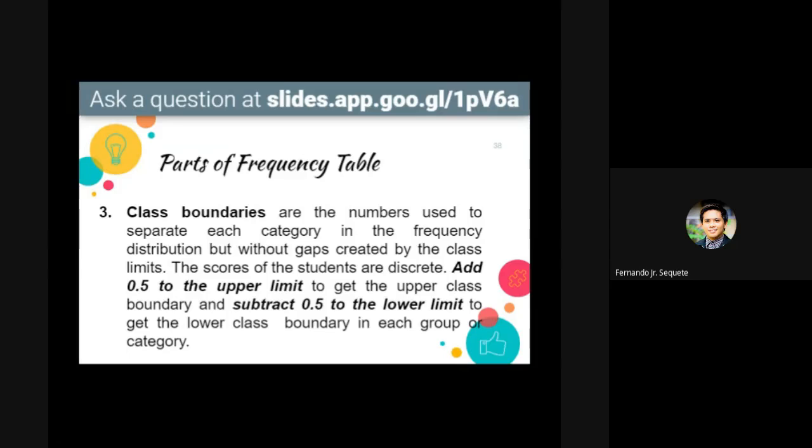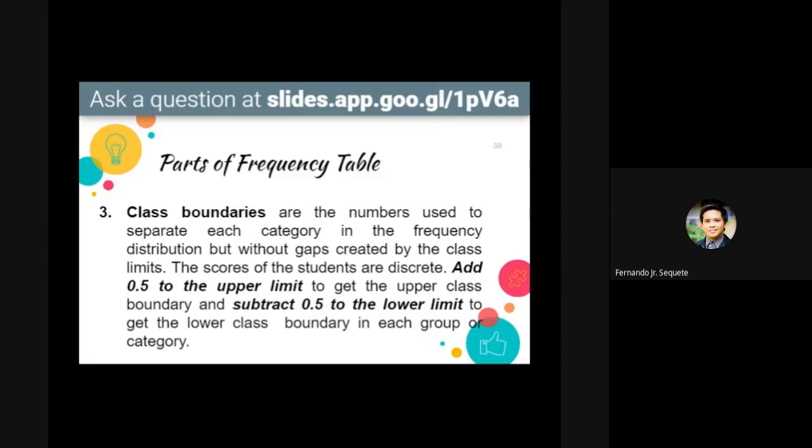Where do we find the upper class limit, by the way? On the right side. Very good. So on the right side, children, we add 0.5 to the upper limit. That is now the upper class boundary.